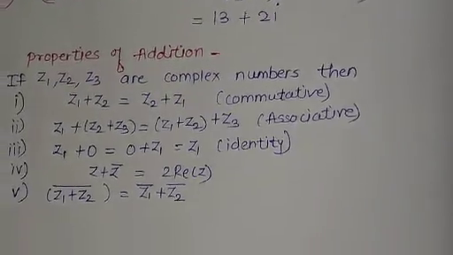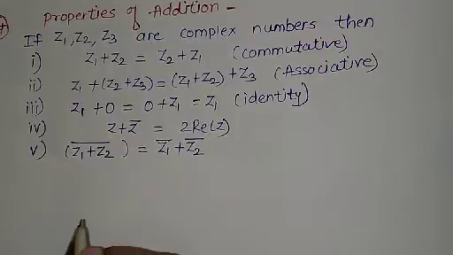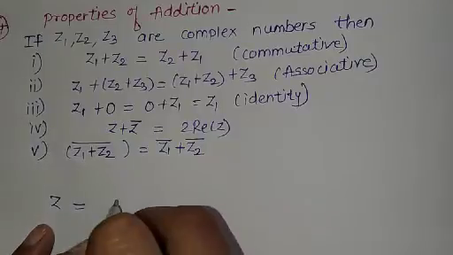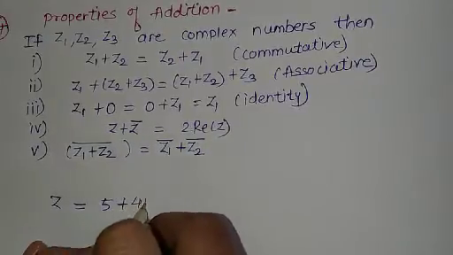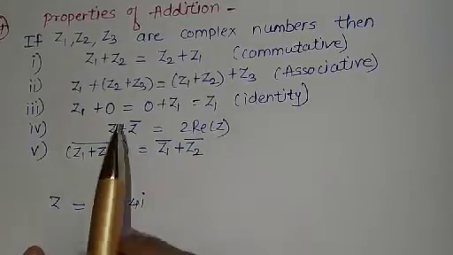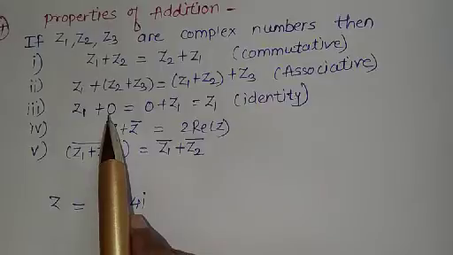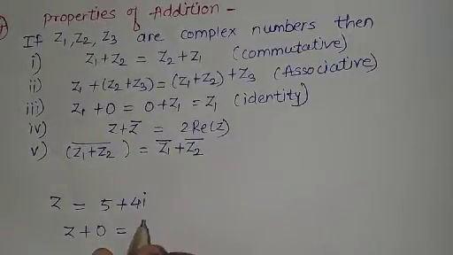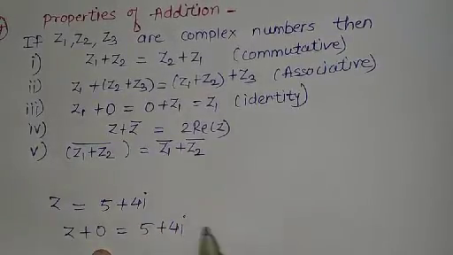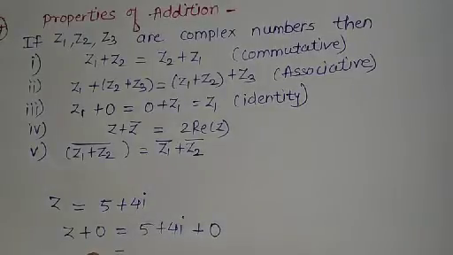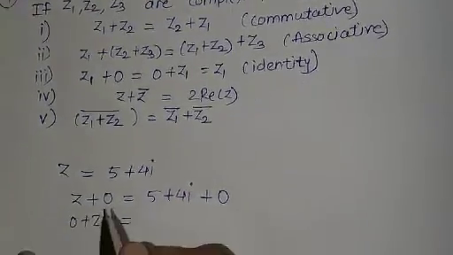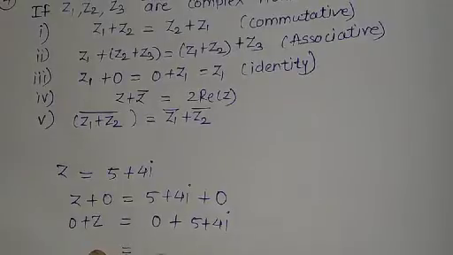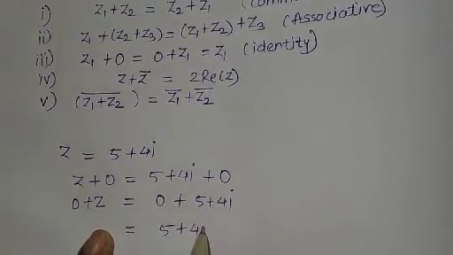For this, consider Z is any complex number, that is we take Z is equal to 5 plus 4i, and from this property we have to add Z plus 0, which is nothing but 5 plus 4i plus 0, or we can write 0 plus Z as 0 plus 5 plus 4i, which is simply nothing but 5 plus 4i.